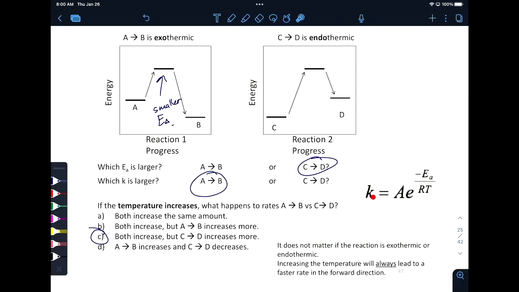So k obviously increases if A increases. That A term is the frequency factor. Essentially, it takes into account orientations and how our collisions occur. If we have really efficient collisions that lead to chemical reactions, A will be a large term. So that's specific to what kind of reaction and what kind of conditions you have.